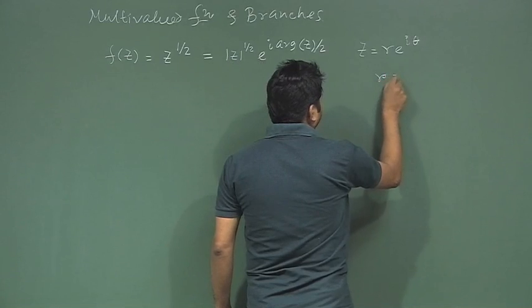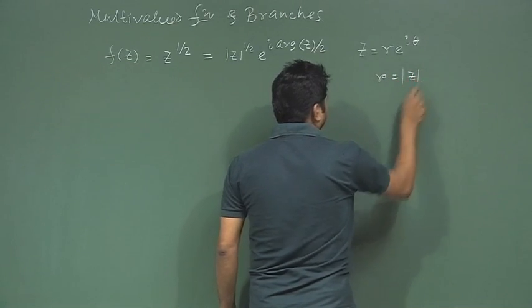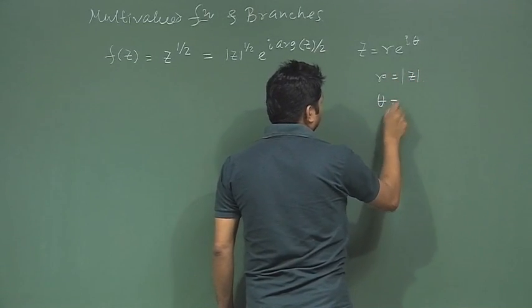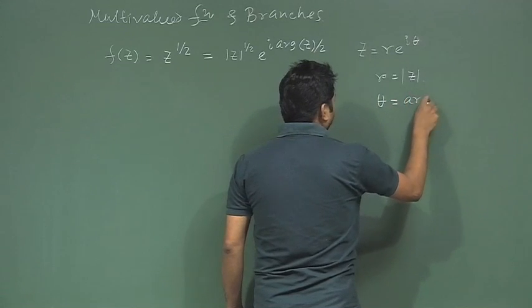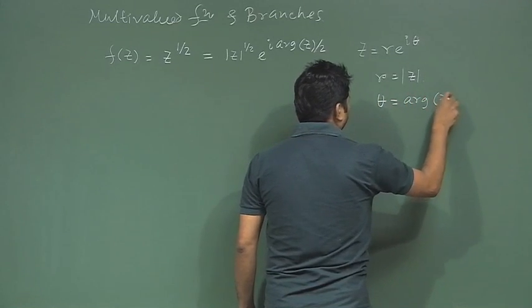Here r is nothing but the mod of z and theta is nothing but the argument of z.